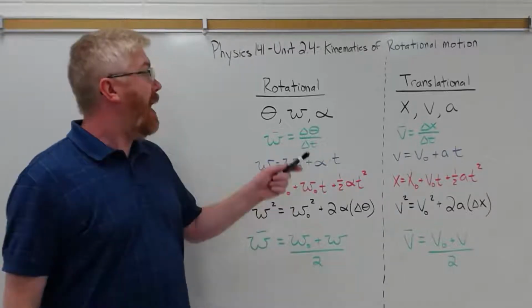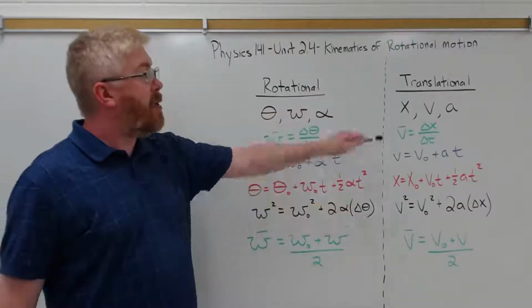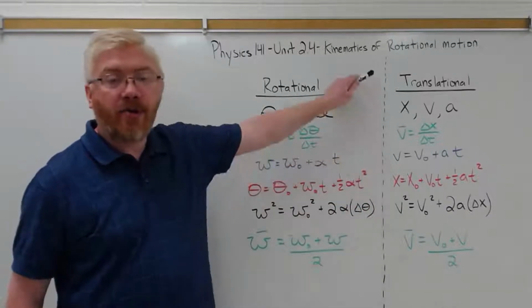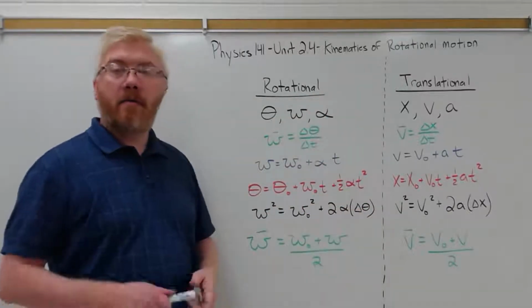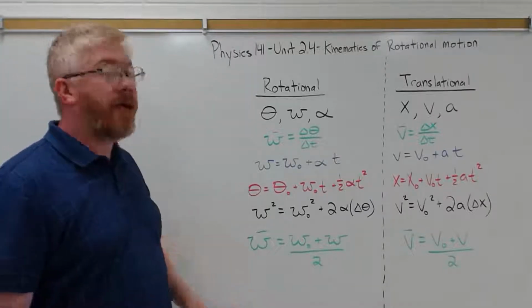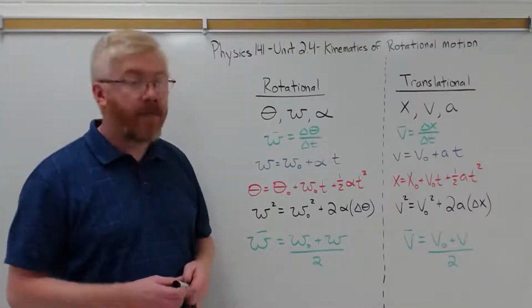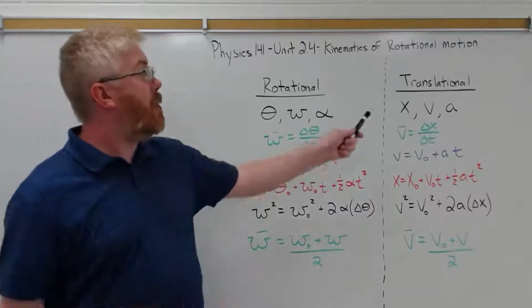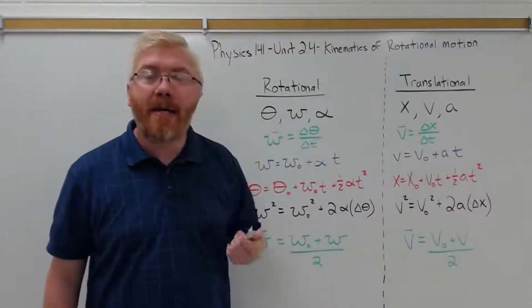So I have here a comparison between the translational motion equations we had earlier this semester and the newer rotational kinematic equations your book introduces today. So translational motion dealt with three major issues, right?